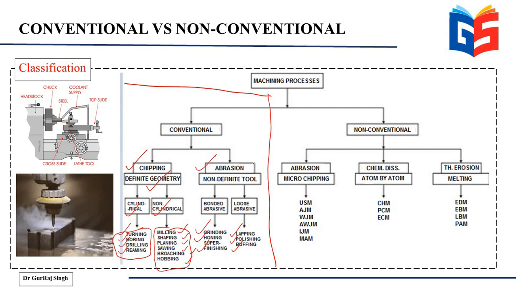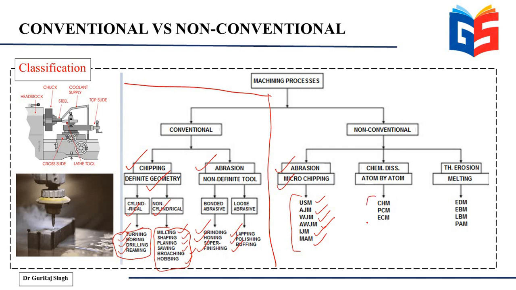And likewise, when I talk about non-conventional methods, you have abrasion, which is performed using microchipping. And these methods are ultrasonic machining, abrasive jet machining, water jet machining, abrasive water jet machining, ice jet machining, and magnetic abrasive machining. And then we have chemical disintegration, which is done atom by atom.